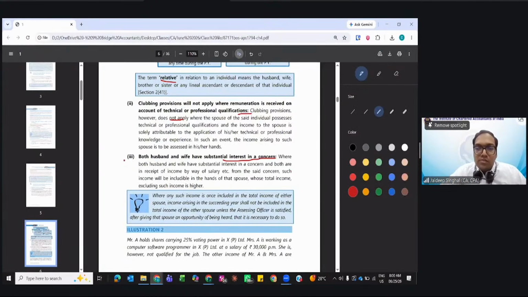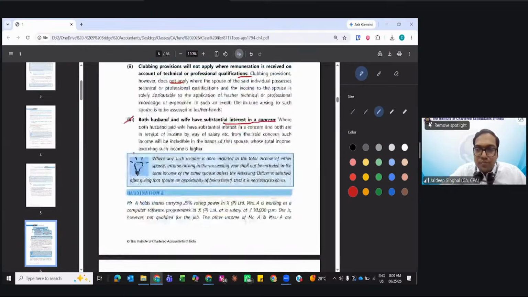So this is what we have done. Where any such income is once included in the total income of either spouse, income arising in the succeeding year shall not be included in the total income of the other spouse.